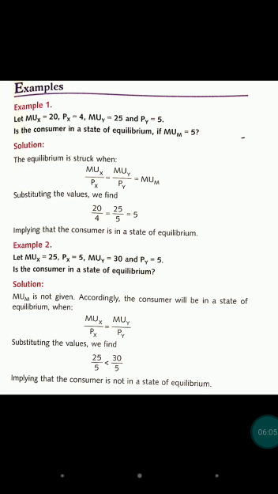So MUY upon PY is greater than MUX upon PX. Therefore the consumer is not in equilibrium, because the consumer is in equilibrium where MUX upon PX is equal to MUY upon PY. But here it is not possible because MUY upon PY is greater than MUX upon PX.